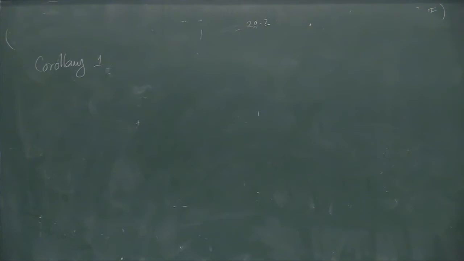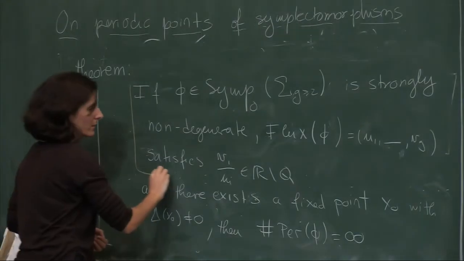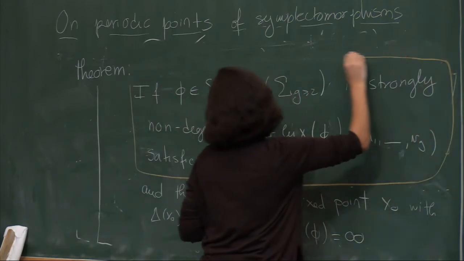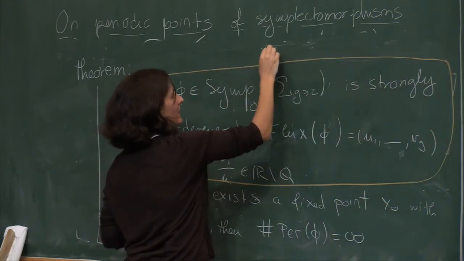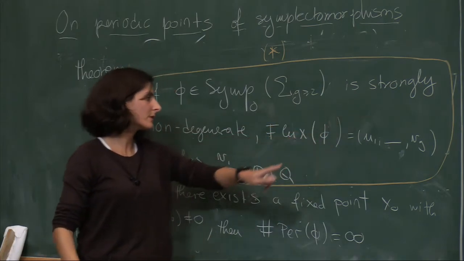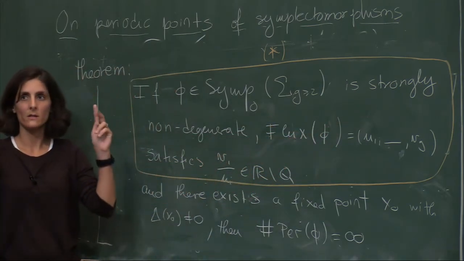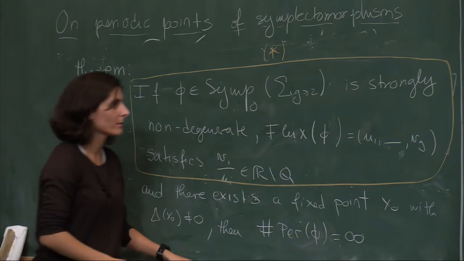So let me call these two conditions star: phi is strongly non-degenerate, and the flux satisfies this irrationality condition.